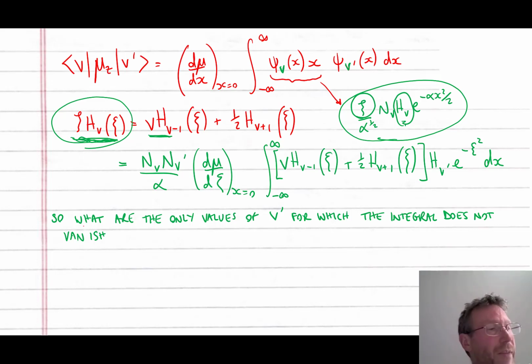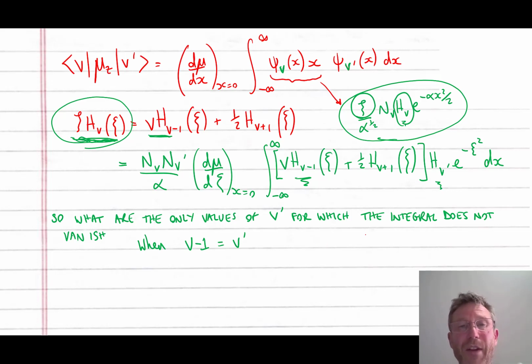If we think about this, if I expand this bracket, let's consider the H_(v-1) term and the H_v' term. The only time when this integral is not going to vanish is when v minus 1 is equal to v'. Remember, I'm starting from v in my transition.